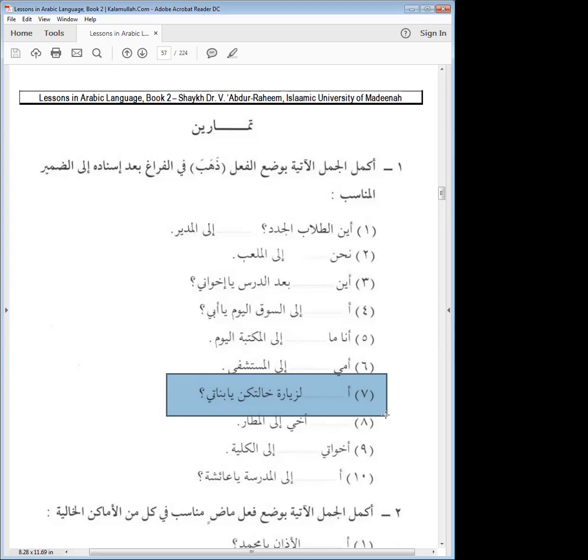لزيارة خالتكن يا بناتي. So again, we see the word ya here. So these are the people who are being addressed. Ya banati, oh my daughters. So we know here it's second person. We would use the second person form of the verb, and of course, banat is the plural of bint, so it's feminine plural.